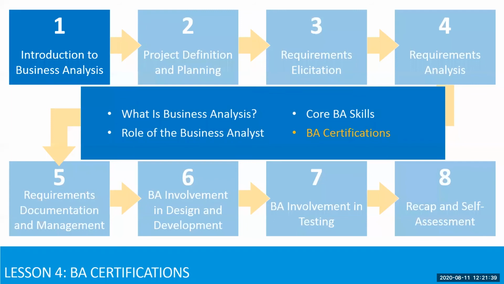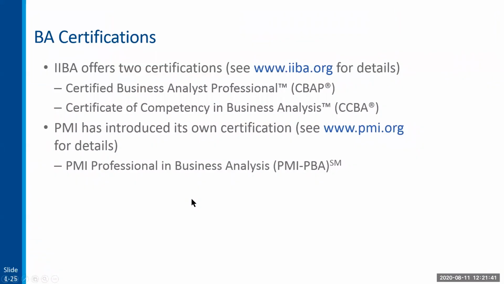All right, when we talk about BA certifications, my first recommendation to you is very simple. Go to IIBA.org, go to PMI.org, because as much as we try to keep courseware up to date at Global Knowledge, certifications are always a changing landscape. So start here. Yes, there are CBAP certifications.